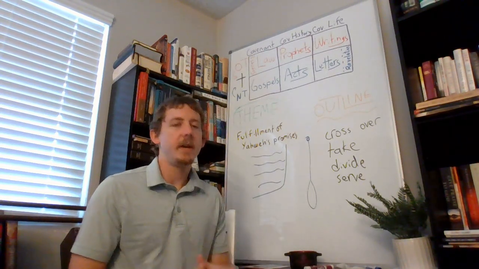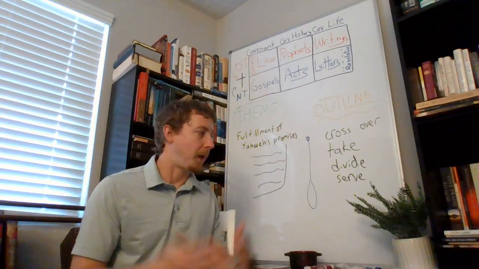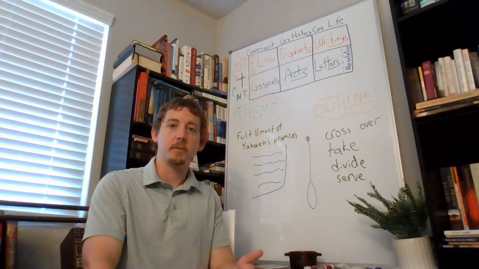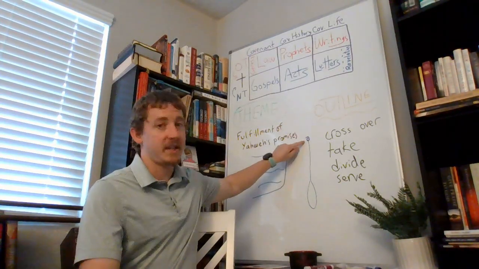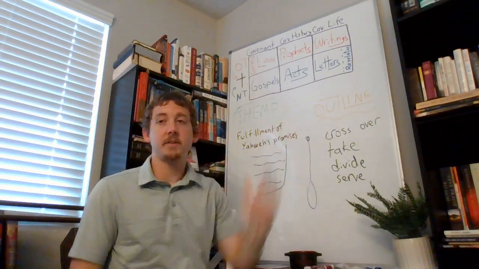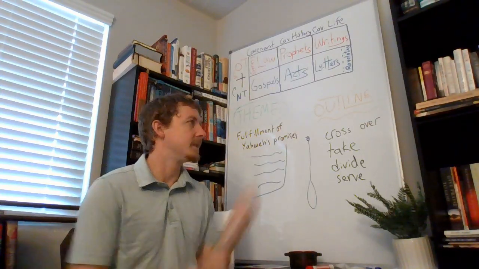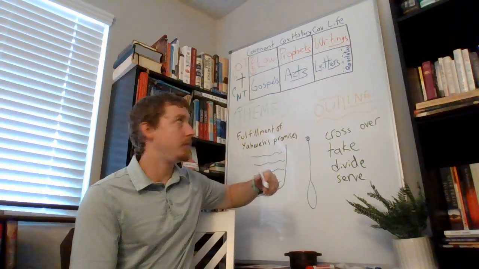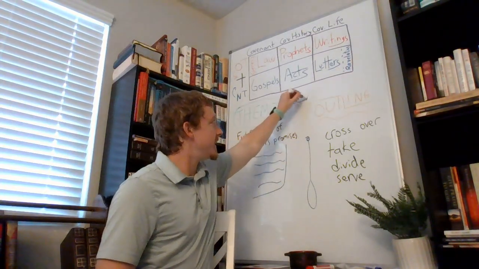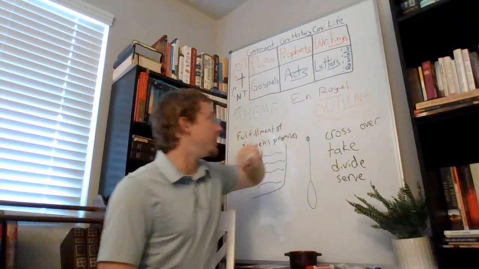If you read through this, you may see the Sea of Kinnereth, and that probably does not sound familiar, but another name it goes by that may sound familiar to you is the Sea of Galilee. That's what that's talking about. Also, you may see something that says Ein Rogel, or E-N and then some other name.